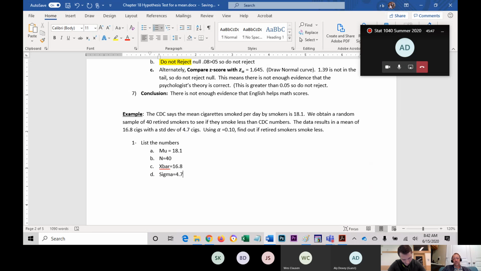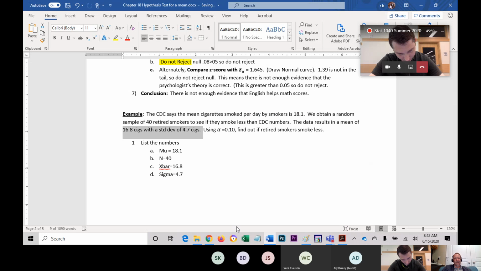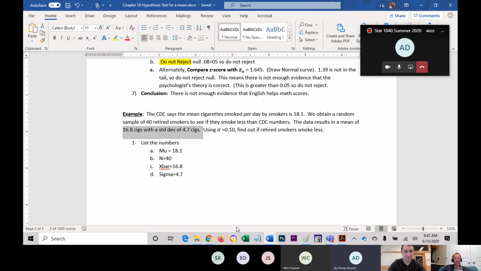Yes. Well, isn't the 4.7, because you said that the 16.8 came from the sample, right? Doesn't this come from the sample too? Would you switch the mu and the x bar then? Nope. I'm kind of confused on this part then.